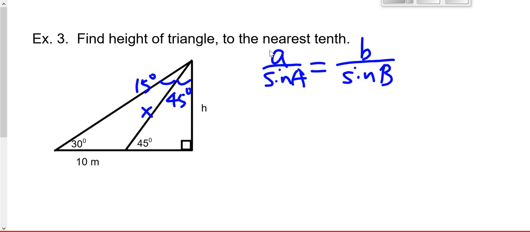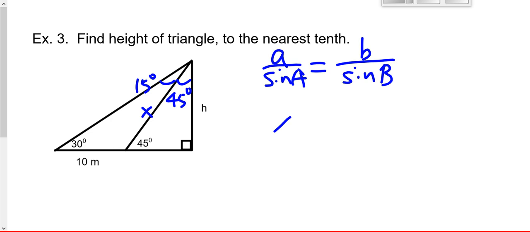So the side we are looking for is this. This angle, the corresponding side; this angle, the corresponding side. Our unknown, let's call that A here.